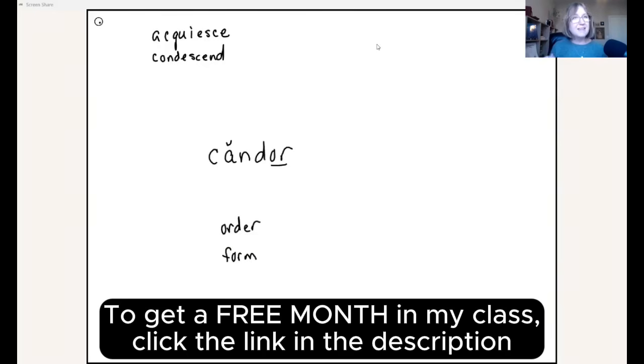It can say or at the end of a short word, one syllable, like for, but when or comes at the end, the very last sound of a multi-syllable word, this one is 2 syllables because there are 2 vowels that don't touch, that's how you can tell. So when or comes at the very end of a multi-syllable word, it usually makes its unstressed sound. So what would this word say?